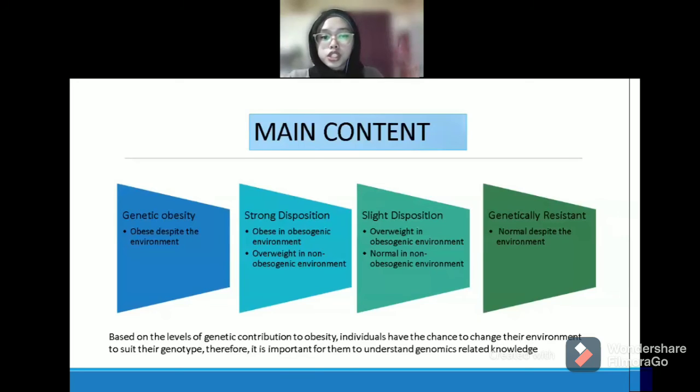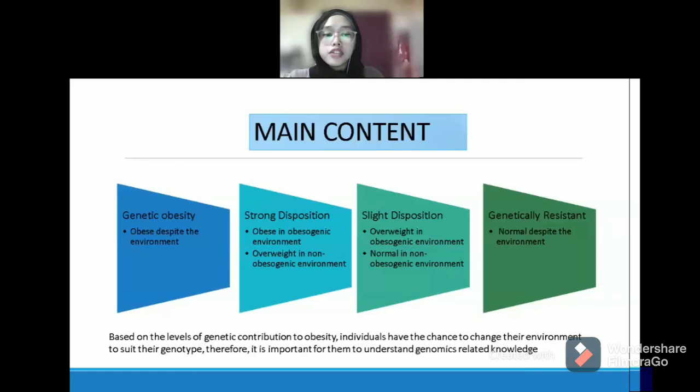Whereas strong disposition: obese in an obesogenic environment but overweight in a non-obesogenic environment. Slight disposition is overweight in an obesogenic environment and normal in a non-obesogenic environment. Lastly, genetically resistant, where the individual will possess a normal BMI despite the environment.